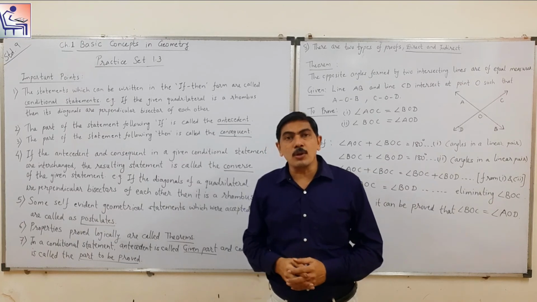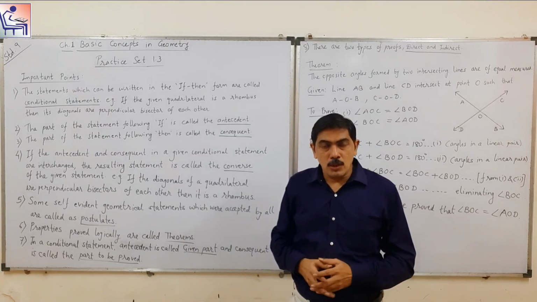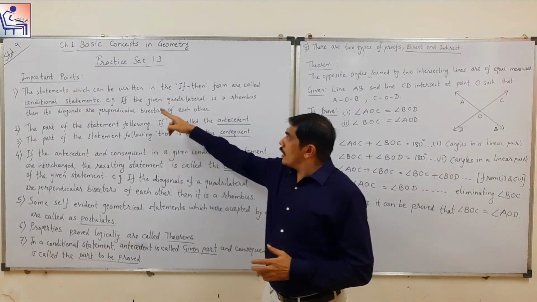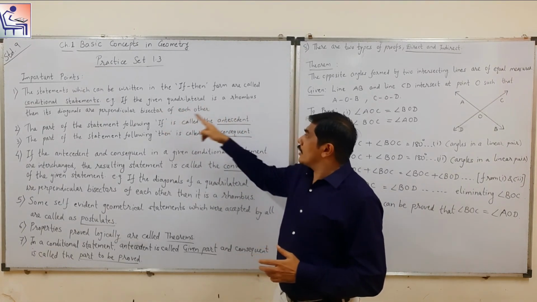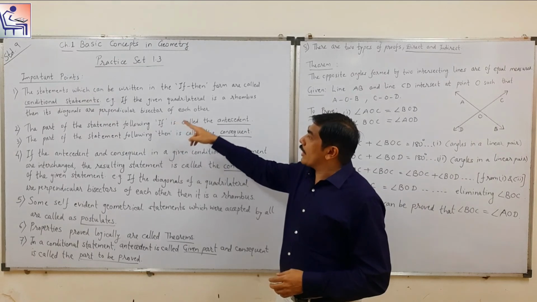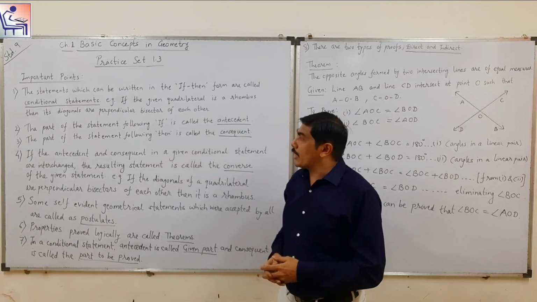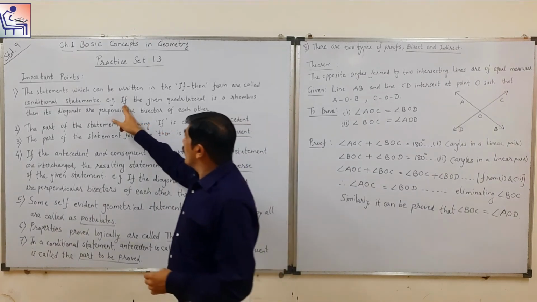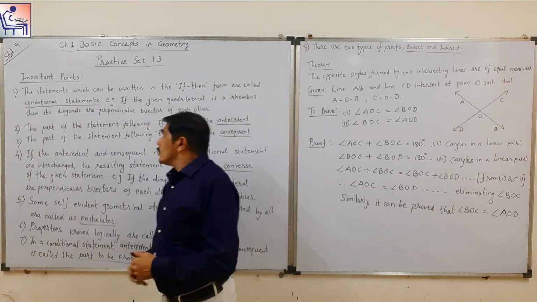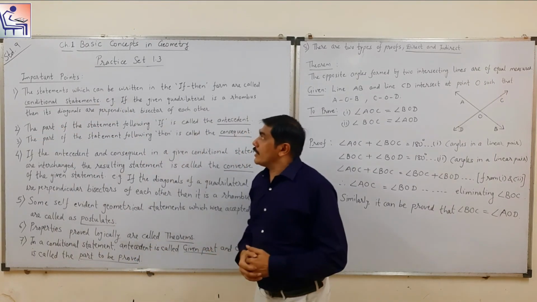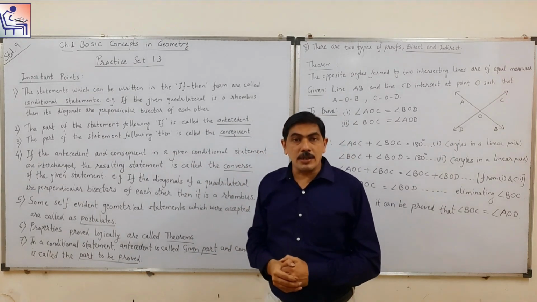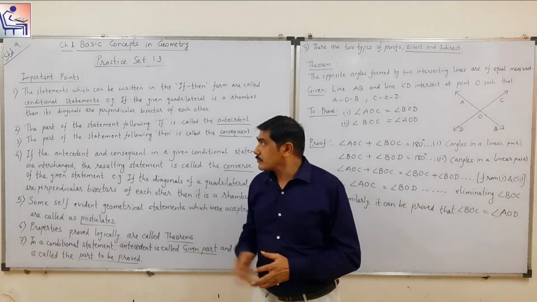For example, if the given quadrilateral is a rhombus, then its diagonals are perpendicular bisectors of each other. So here you are getting the if and then. So whenever you find the if-then in your statement, it is called a conditional statement.